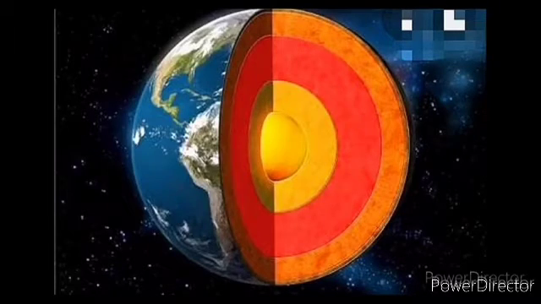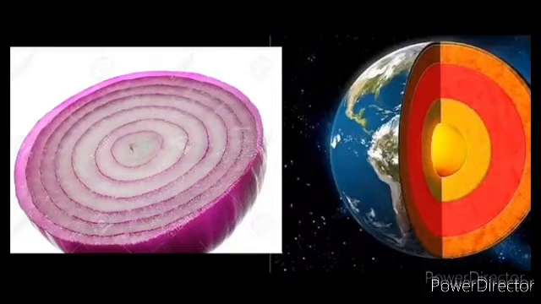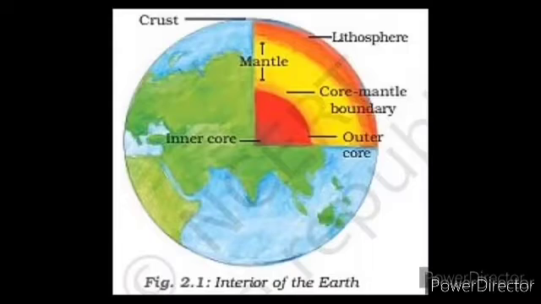As you can see, there are different layers visible in an onion in cross section. Similarly, inside our earth there are three major layers. The outermost layer is known as the crust, next to the crust is the mantle, and the innermost is known as the core.